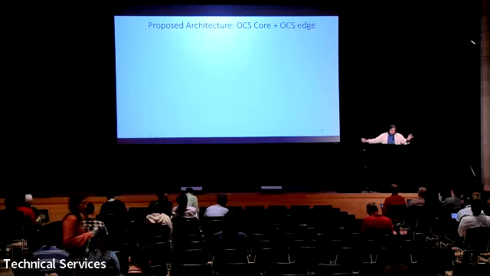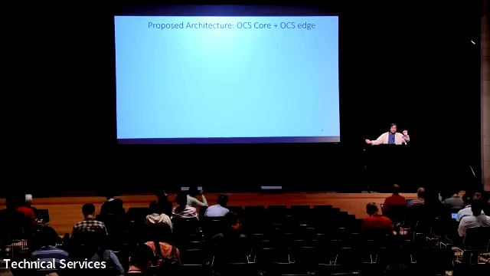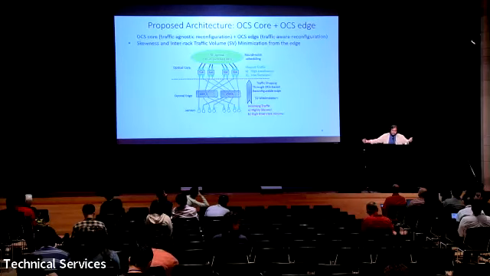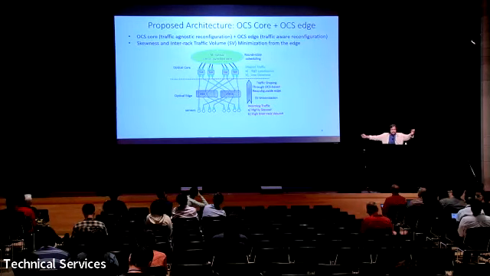By now, what we learned is that this kind of all optical core is great for uniform traffic. So let's make this core handle uniform traffic. What we are saying is: let's add another optical layer at the edge between the servers and the top of rack switches, just one layer of switches.